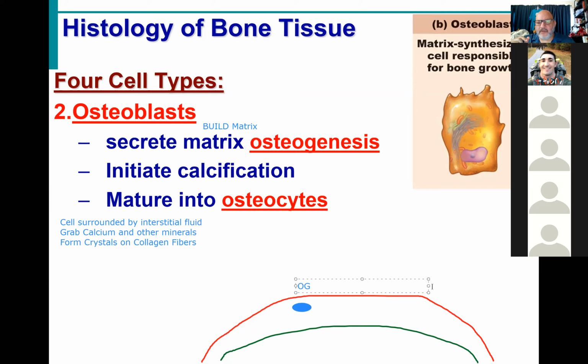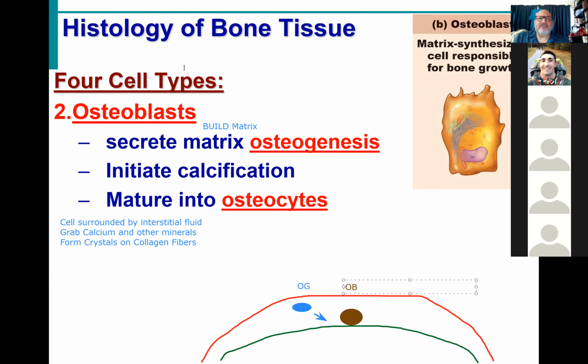It, as we talked about, is going to divide, and when it divides, it forms a new cell. That new cell is our chunky osteoblast, which I'll write up here, OB.